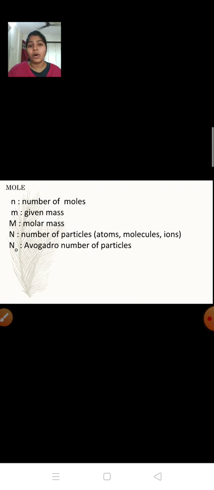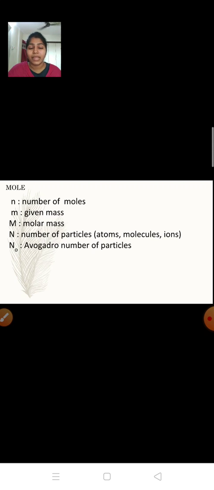Now using all these things, whatever we have learned so far, we will start with the numericals. Over here you can find some initials given. These initials are required for solving the numericals. Small n indicates number of moles.